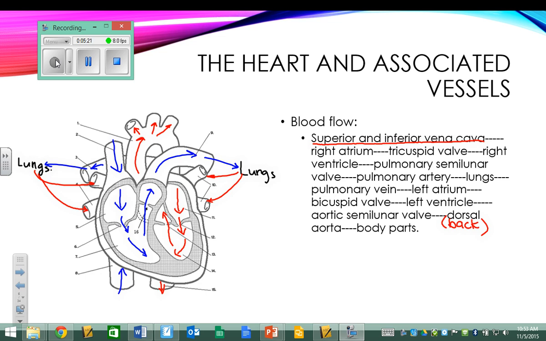I guess the other thing that I'll mention here, so we don't have to do it later, anywhere the arrows are red, blood is oxygenated. Anywhere arrows are blue, blood is deoxygenated. So in general, you can see the right side of the heart does not have the oxygenated blood. It's the left side that does.